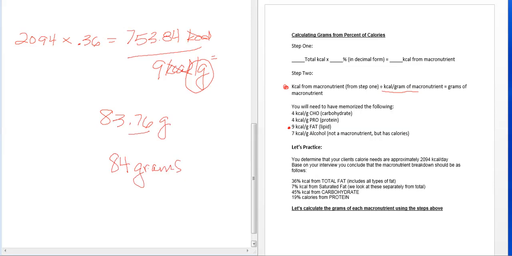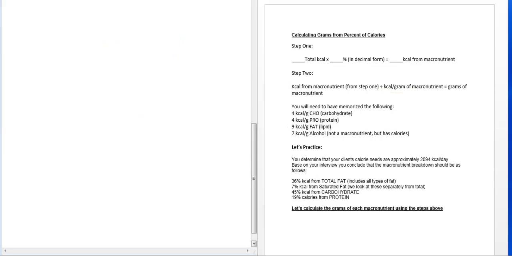So let's now do the next one in line, which is saturated fat. We do the same thing essentially. We take 2,094, and we multiply it times 7%. And remember, 7% expressed as a decimal is 0.07.